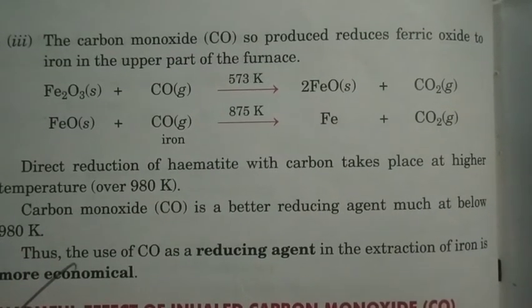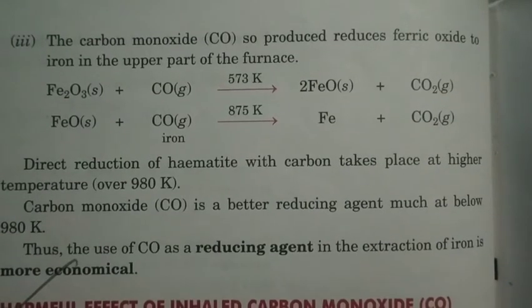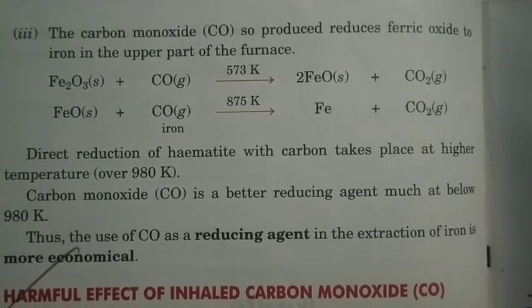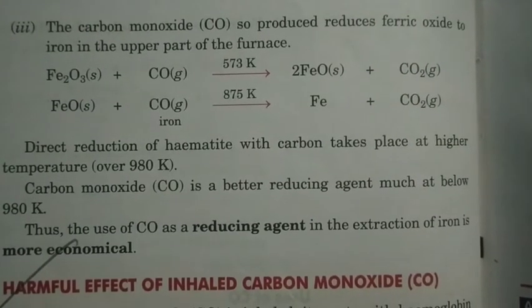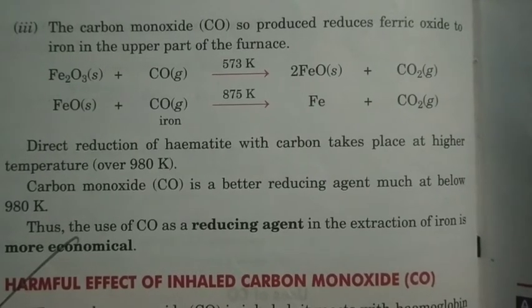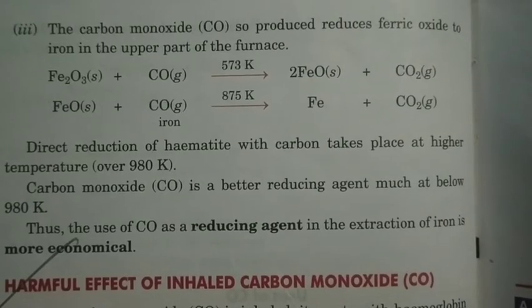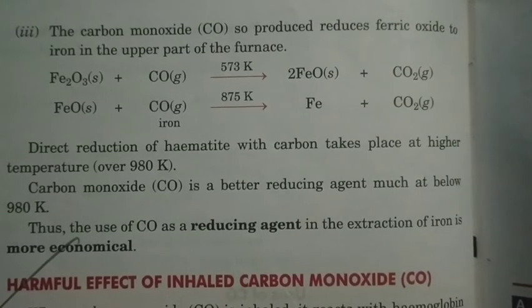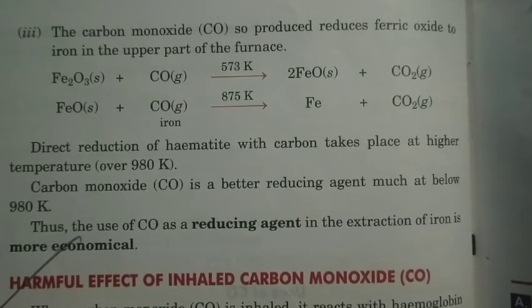Now this FeO plus CO gives Fe plus CO2. Direct reduction of hematite with carbon takes place at high temperatures over 980 Kelvin. Carbon monoxide is a better reducing agent below 980 Kelvin. So the use of carbon monoxide as a reducing agent in the extraction of iron is more economical.